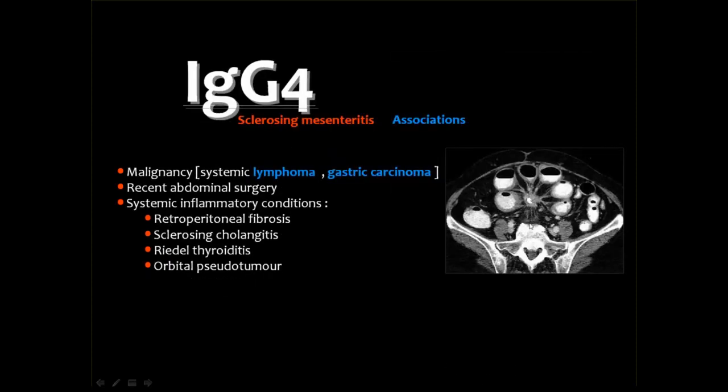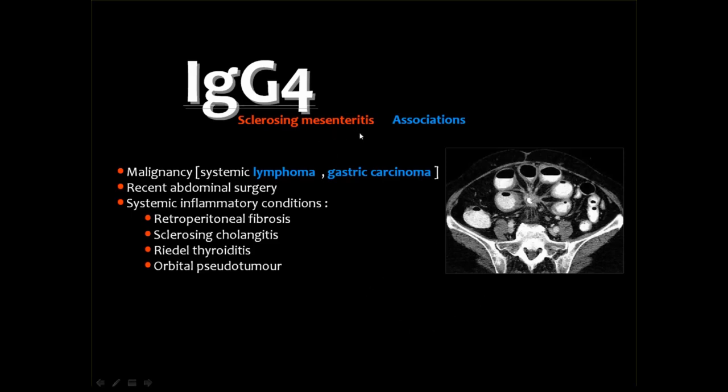And this is also another example of sclerosing mesenteritis with a mass-like lesion, multiple fibrotic bands radiating from it, a central area of calcification, and multiple air fluid levels denoting intestinal obstruction.